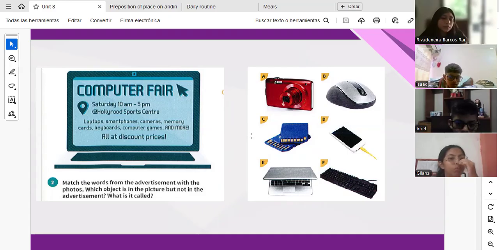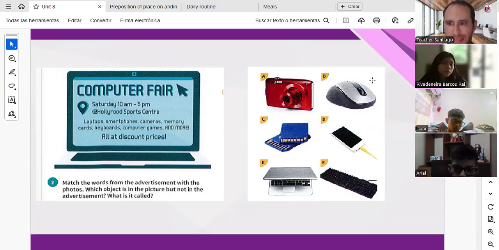Which letter? Letter A. Okay, good job. Jilansi, memory cards. Letter C. Awesome. Fiorella, keyboards. Letter F. Awesome.